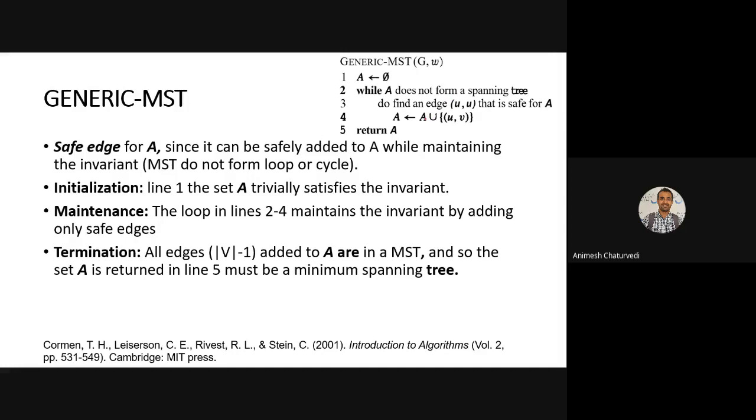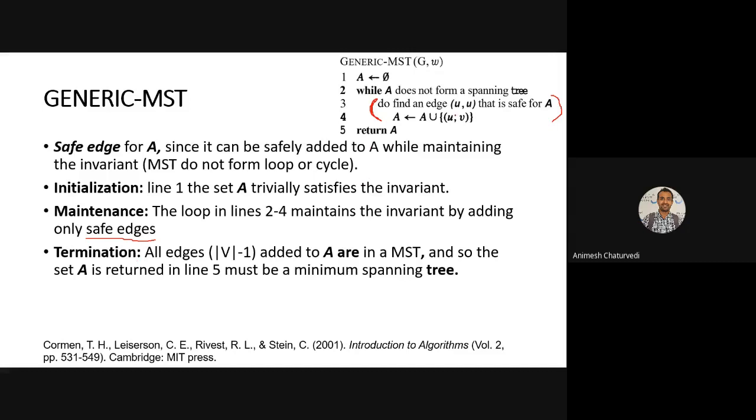There are various techniques to do this. This is important, and we'll see in the next classes that these two steps are the most important: how to add the safe edges. So you keep on adding new edges.